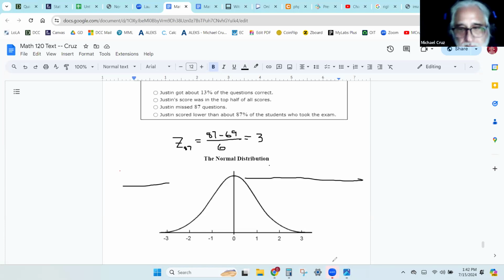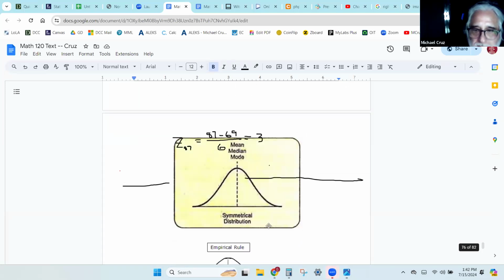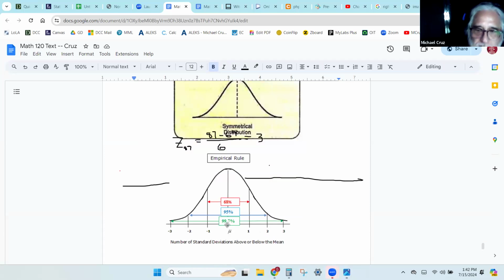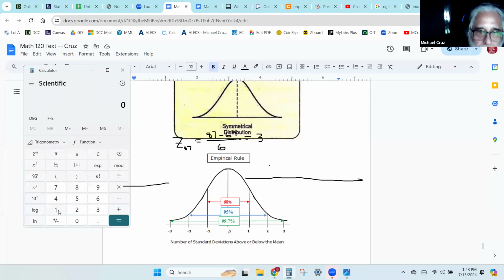All right. So there's a little bit of area over here. And what it is between 3 standard deviations is 99.7. All right. So if I do that as a decimal, 1 minus 0.997. So that means that on both sides, lower than negative 3 and higher than 3 are the values that are 0.003.